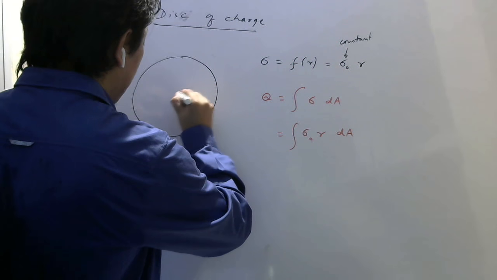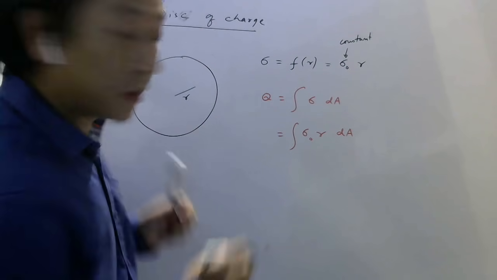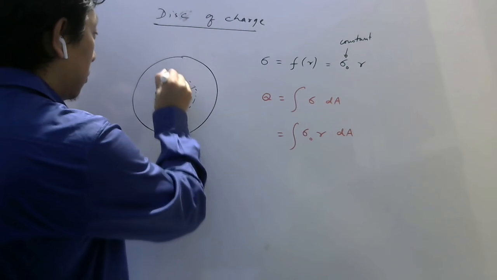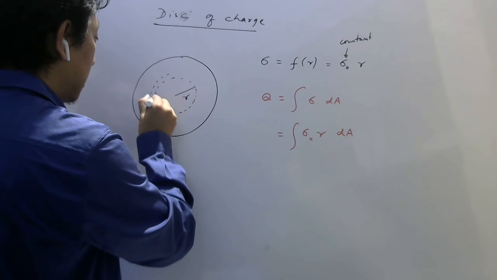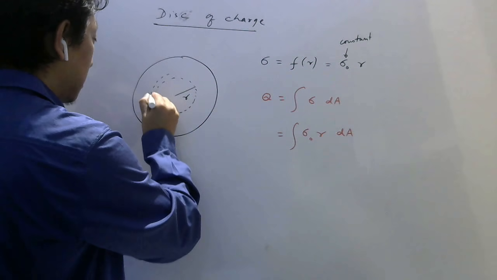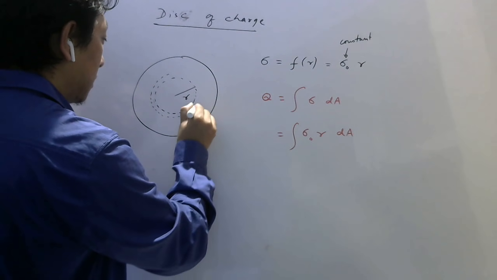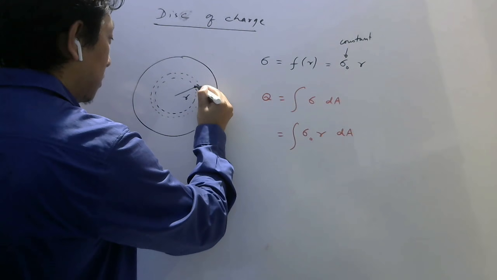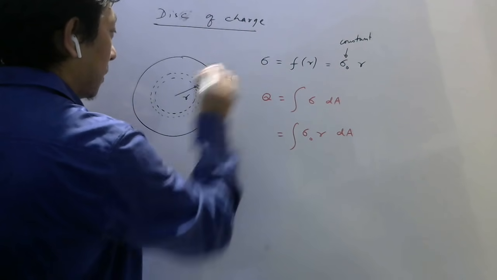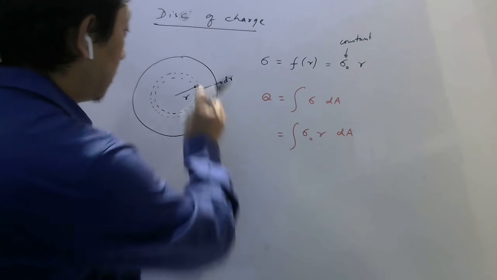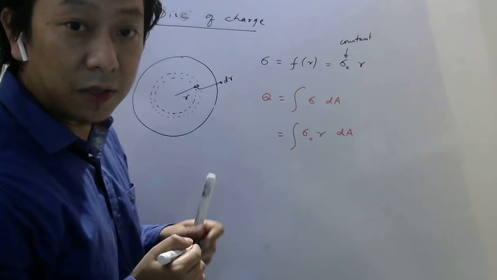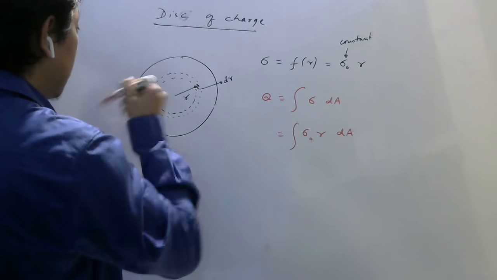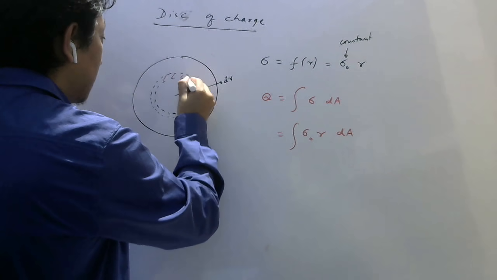So at some distance r, I will consider a ring whose radius is r and thickness is this thickness. How much should I say? dr. So radius is r, thickness is dr. Okay, so this dA basically represents the area of this.